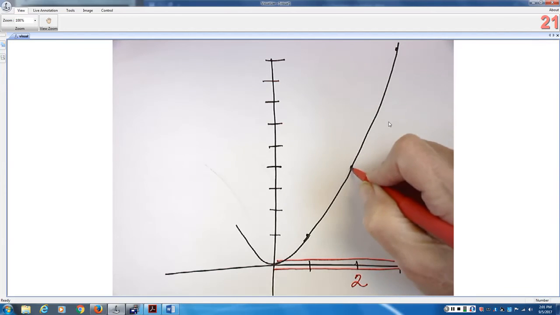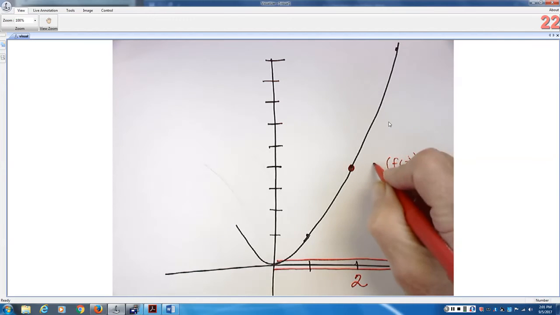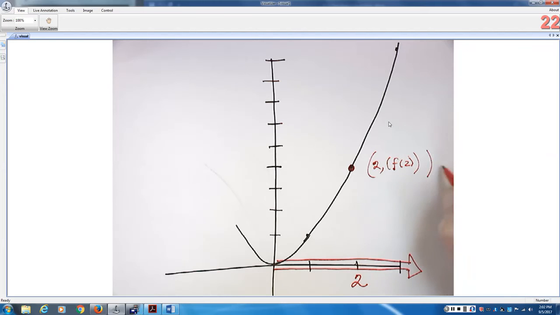And of course, if x actually is 2, then f of 2 would be 4. So we know that if you just plug in the number 2, 2 squared is 4.